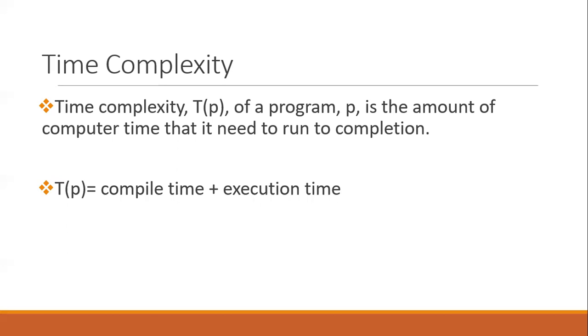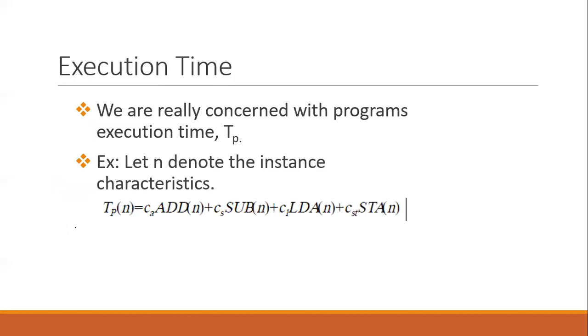We already know that once a program is compiled, it can be executed multiple times. There is no need to recompile the program once it is compiled. So consequently, the execution time is of great concern to all of us.